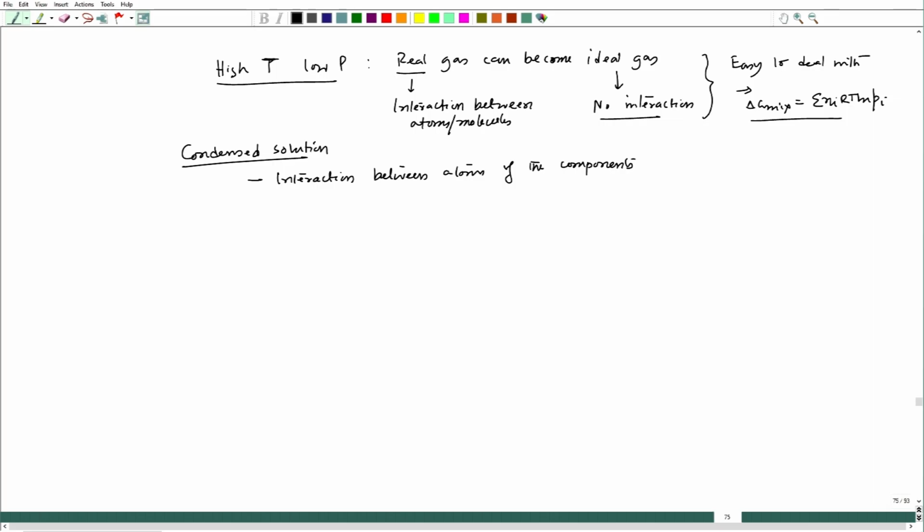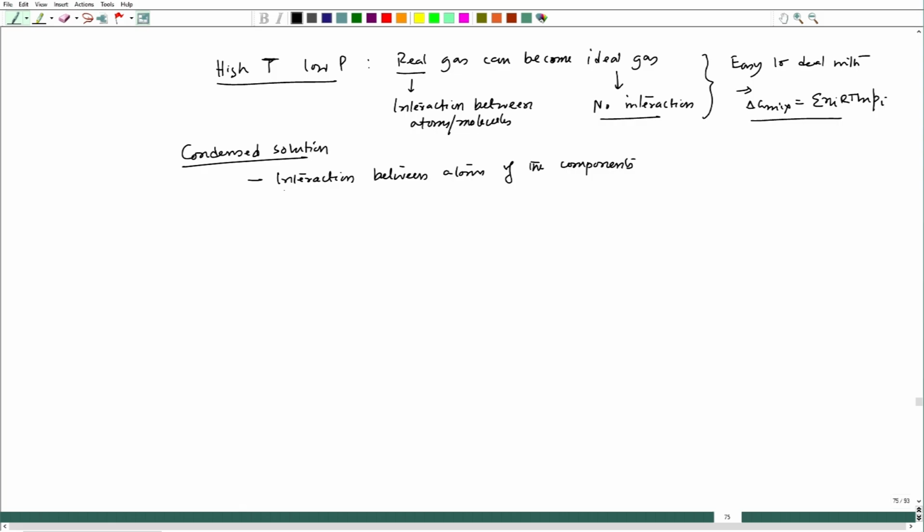But when we talk about a condensed solution, interaction between atoms of the components does exist, and that interaction will be decided by many factors like atomic size, electronic configuration or electronegativity, or the electron to atom ratio.